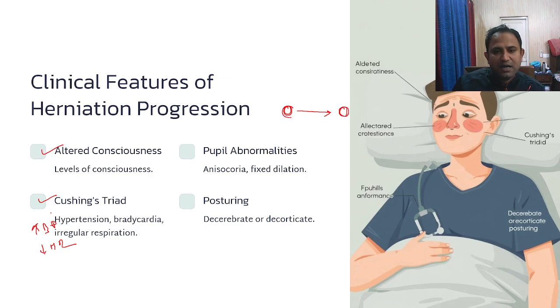So ipsilateral dilatation of the pupil will be the initial sign of herniation, whereas contralateral dilatation is a very late sign, which also means that the other brainstem reflexes by that time will go absent. Then there will be decerebrate posturing.